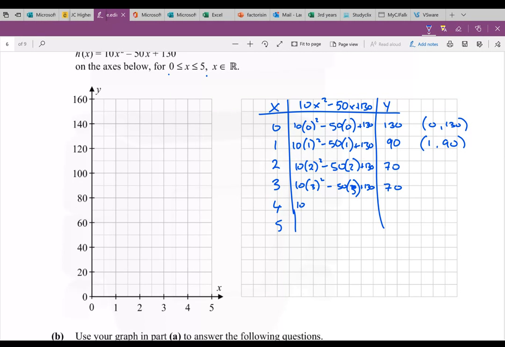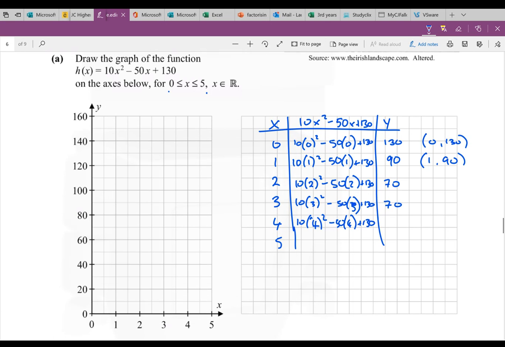10 by 4 squared minus 50 times 4 plus 130. What you will find is that your graph starts to repeat. So 4 squared is 16. 16 times 10 is 160. 50 times 4 is 200 plus 130.